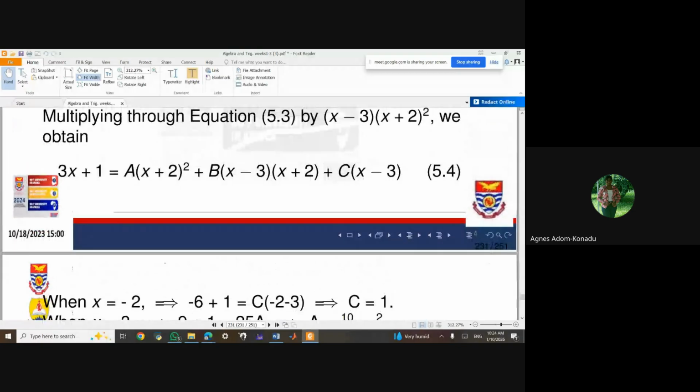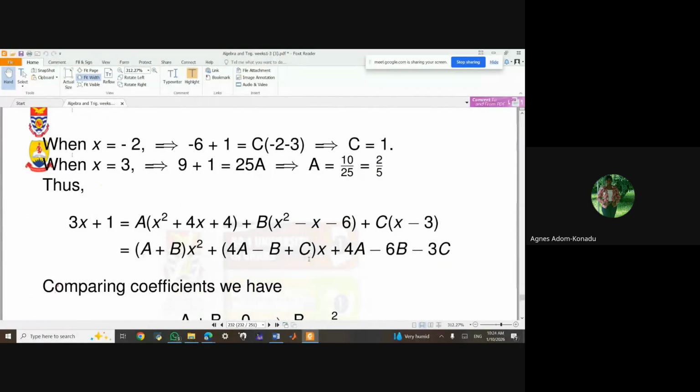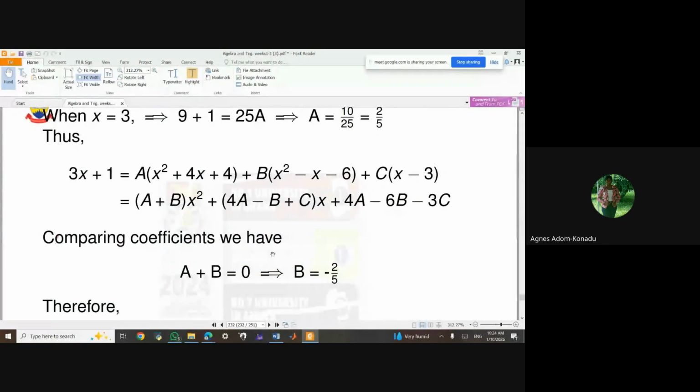So I'm left to find my b. To find my b, I can expand everything. So when I expand, I'm going to get this. Then I can get equations. I'll compare coefficients. When I look to the right, I don't have any x squared on the left.